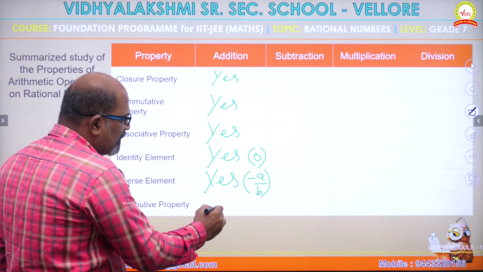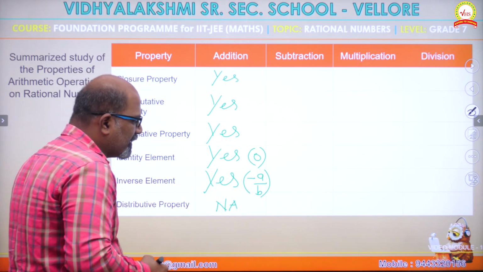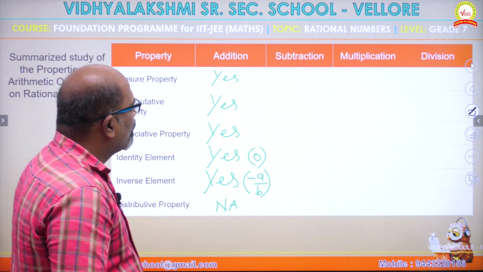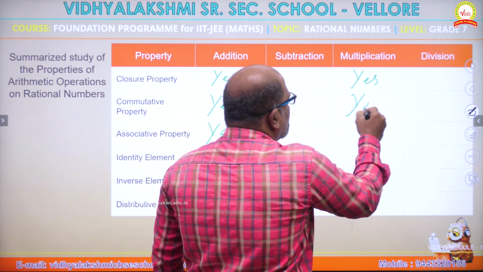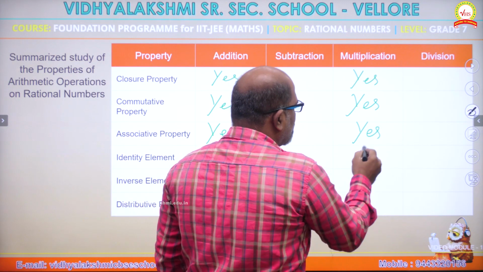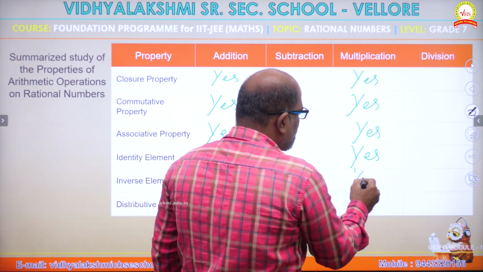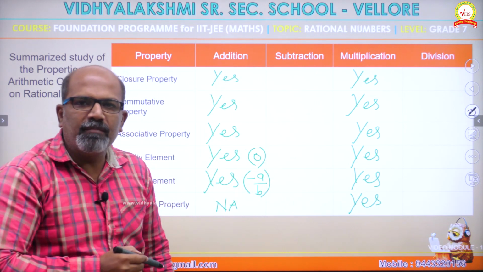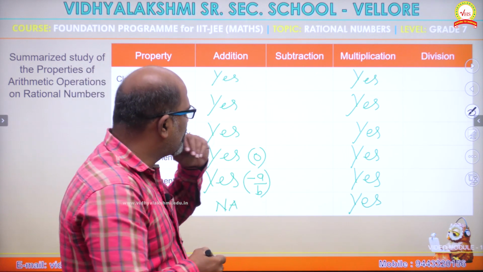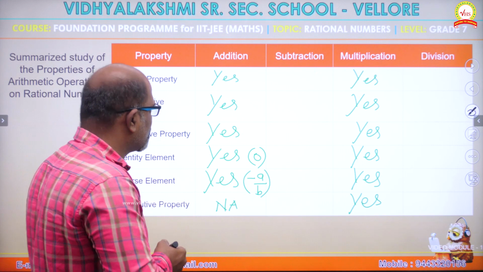Distributive property not applicable. Then coming to multiplication, all are satisfied. Even there is the distributive property of multiplication over addition.